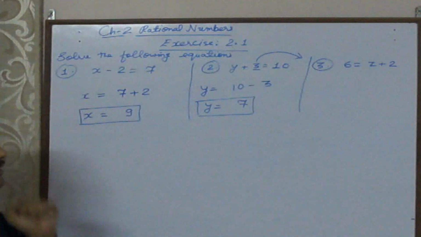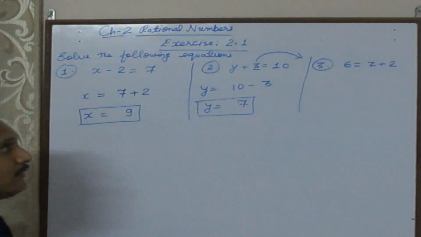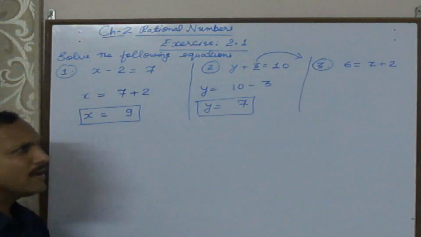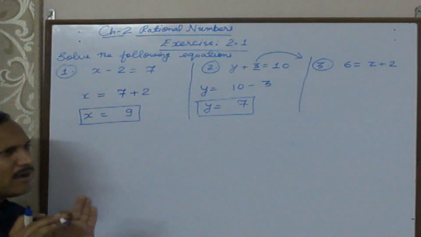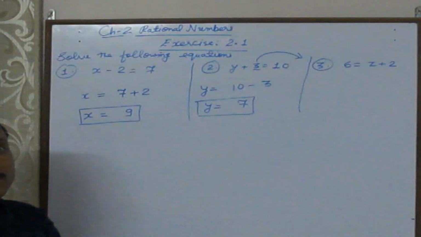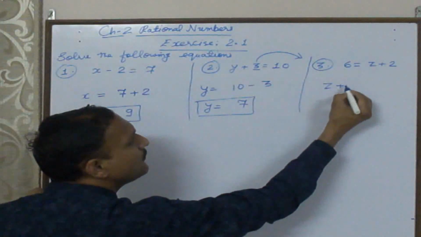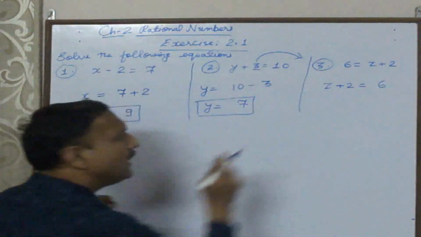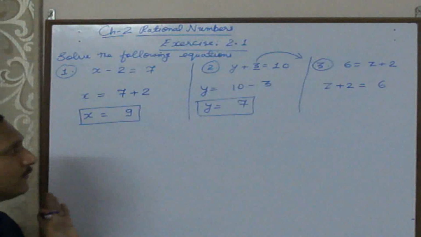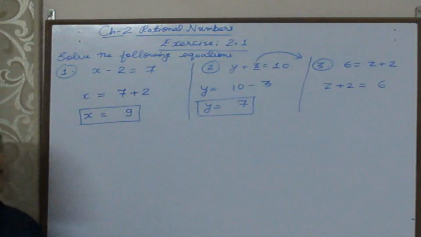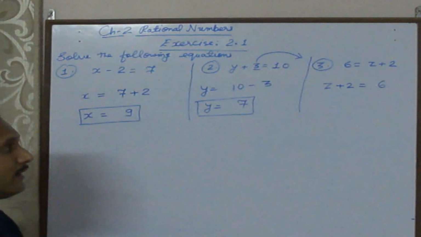Now let us do another one, question number 3. 6 equals z plus 2. Whenever you feel that the variable part always must be on the left hand side, we can also write z plus 2 equals 6. It will not affect the equation because left hand side equals right hand side, right hand side equals left hand side.